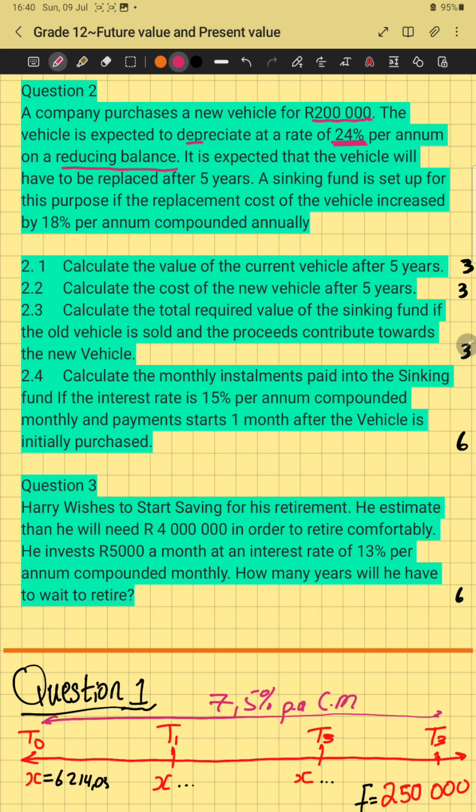Okay, now they are saying that the company purchases a vehicle for 200,000, and this vehicle is expected to depreciate at a rate of 24% per annum on a reducing balance. Let's continue. They say it is expected that the vehicle will have to be replaced after 5 years. That means after 5 years they want to replace this vehicle and buy another one.